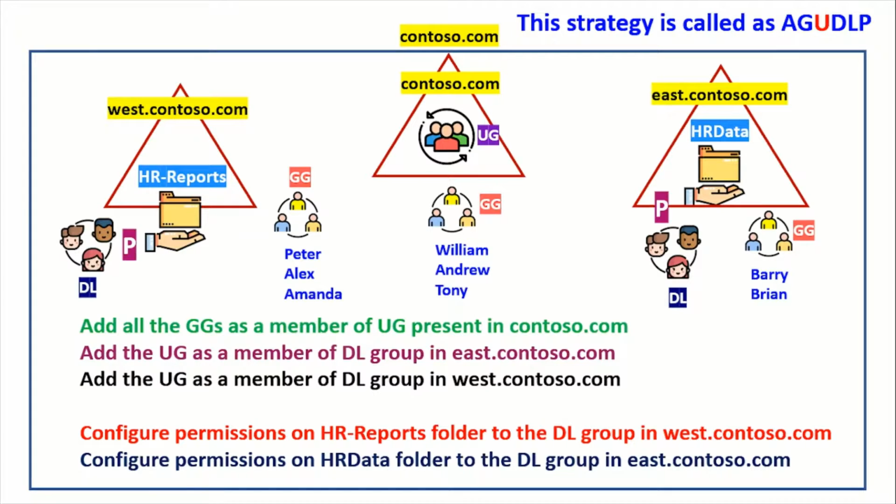So accounts go to global groups, go to universal groups, go to domain local groups, and we assign permissions to domain local groups. So we are going to discuss these group strategies, group nesting, best practices in our next video.